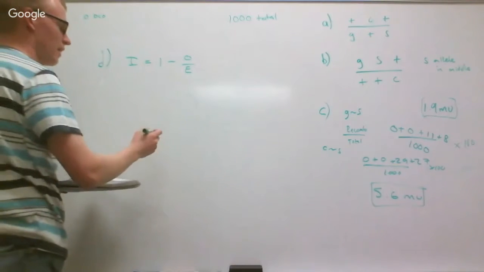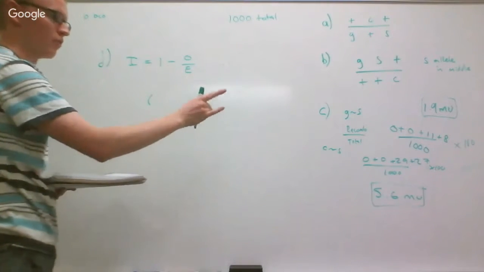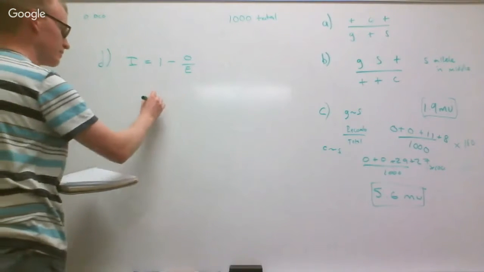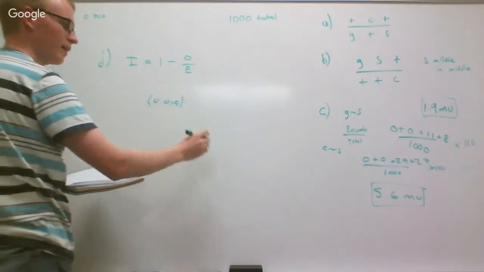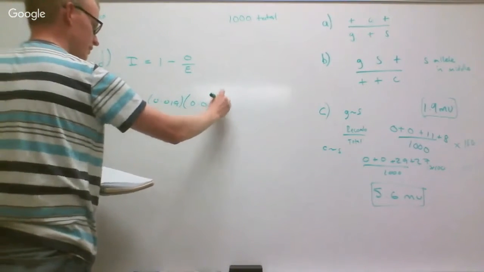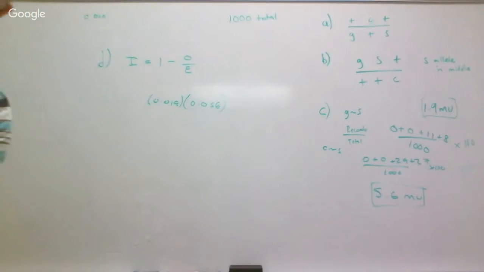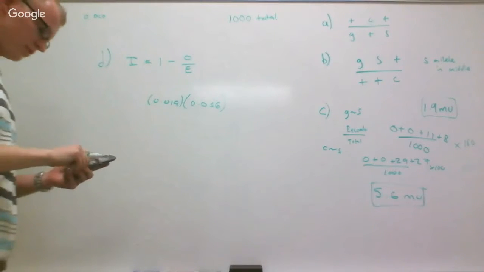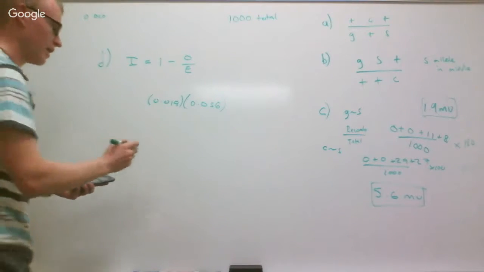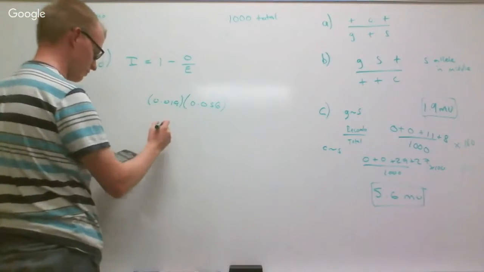Now, again, using that product rule, we can convert both of our distances back into their probabilities, their percents, so 0.019, and we'll multiply that by 0.056.